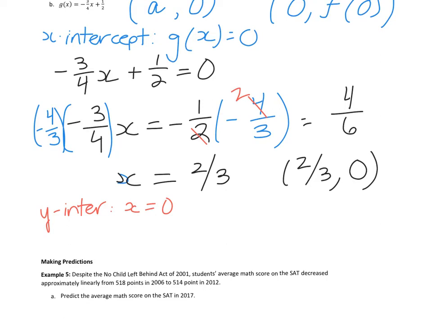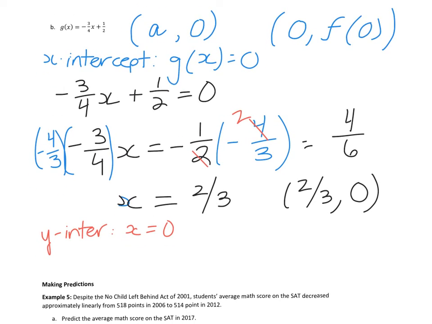Is it g? It's g of x. So we're going to do g of 0. And that negative 3/4 times 0 is 0, so we have 1/2. So it's 0, 1/2. All right, so really similar to what we were doing before. Now it's just a different notation.